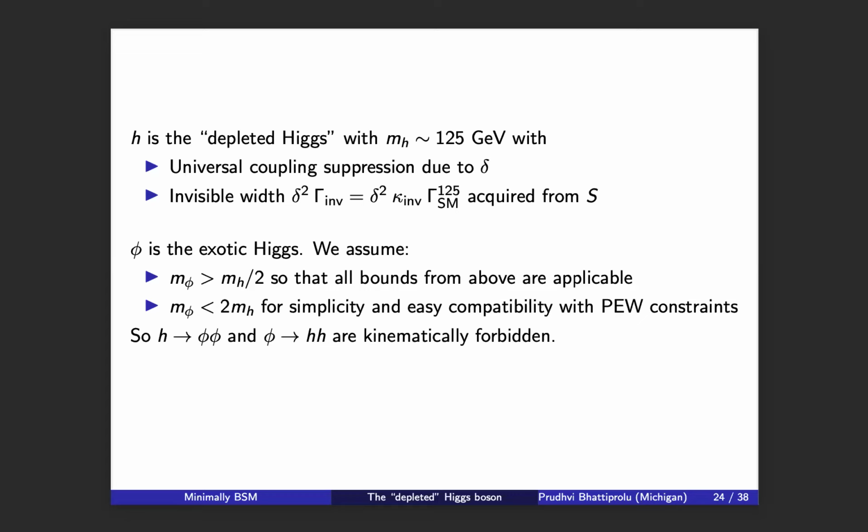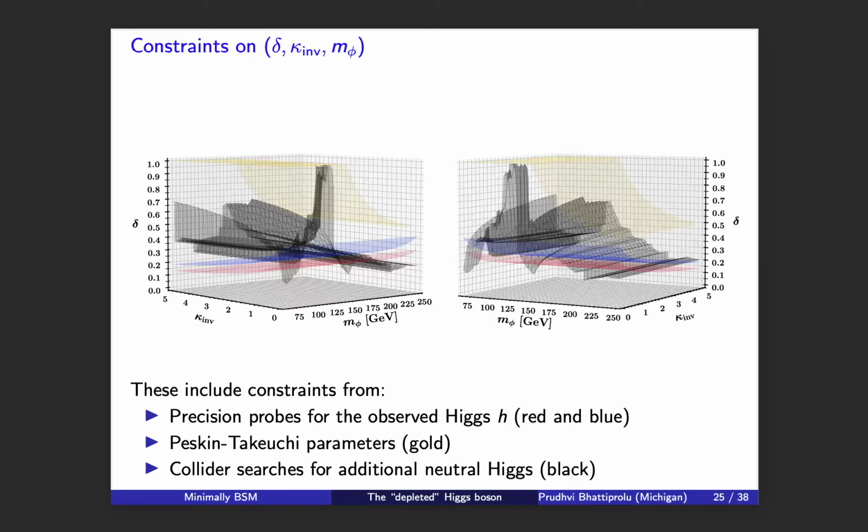And also, if you take m phi to be too large, then you could also run into constraints from precision electroweak and also from collider searches for the phi. So this is the 3D parameter space of delta, kappa inverse, and this new parameter m phi. I'm not showing this to read off numbers, but just to show the richness of the parameter space.